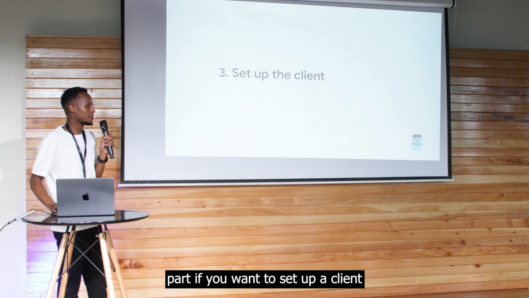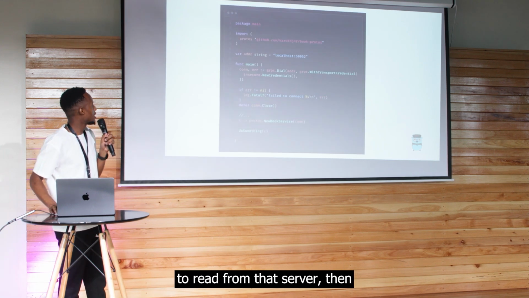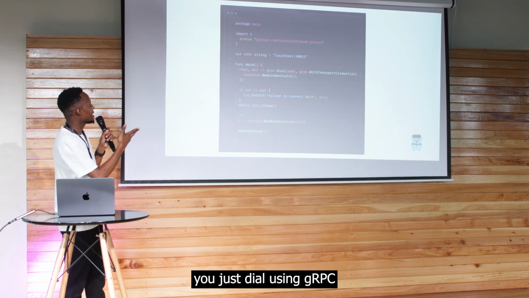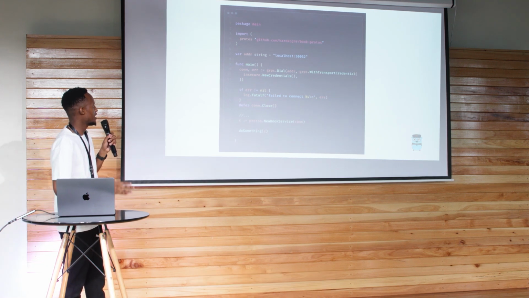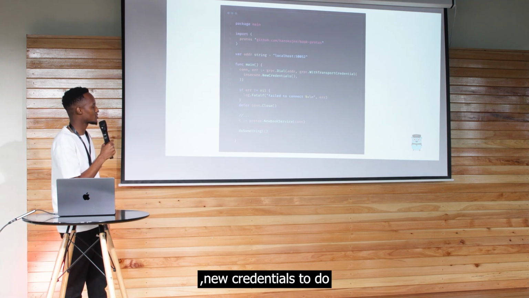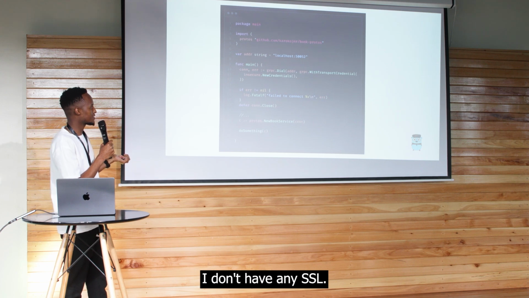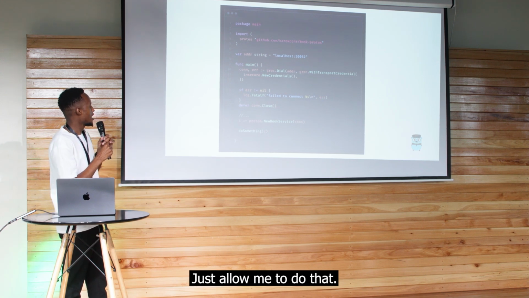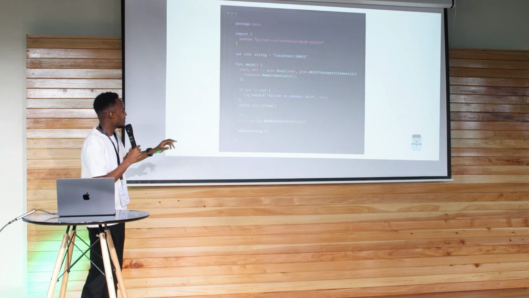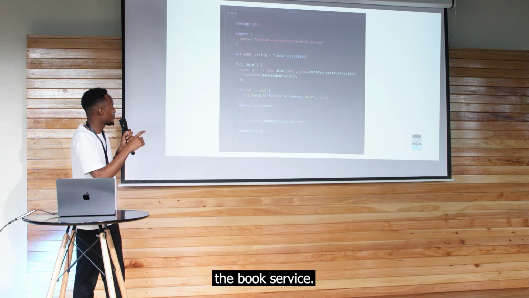If you want to set up a client to read from that server, then you just dial using gRPC. As you can see there, I'm setting insecure.NewCredentials to just say that, hey, I'm testing locally. I don't have any SSL, just allow me to do that. And after that, you can see I'm now getting the book service.